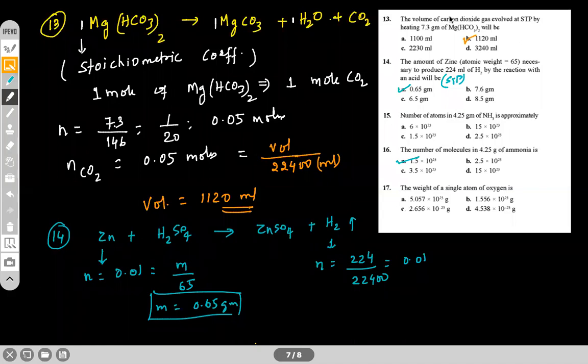In one molecule of NH3, how many atoms do we have? We have 3 hydrogen atoms and 1 nitrogen atom, so there are 4 atoms present in one molecule. A 1:4 ratio of molecules to atoms. So if the number of molecules is 10, then the number of atoms will be 40. Okay, like that.